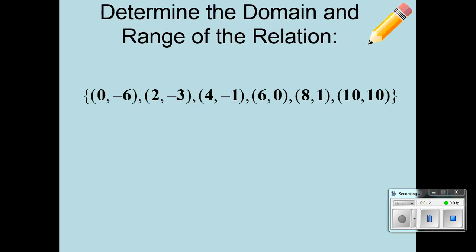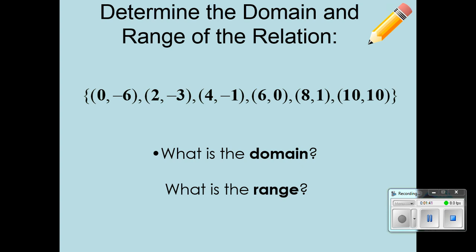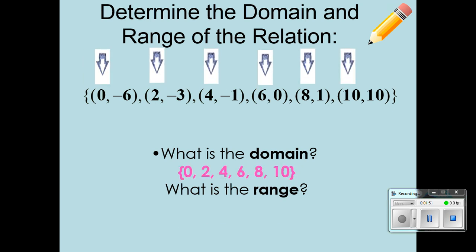So if I were to give you a set of ordered pairs and tell you that this is a relation, could you tell me the domain and the range of this relation? So remember, the domain is all the x values and the range is all the y values. So let's first go ahead and figure out what the domain is. So if I were going to have you write down the domain of this set of ordered pairs, you would tell me that the set of ordered pairs x values are the domain.